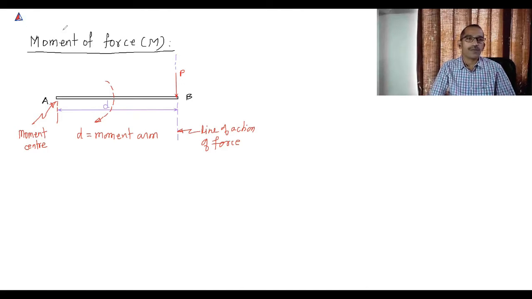Next, how do we get the magnitude of the moment of force? It is the product of the magnitude of force and the perpendicular distance between the line of action of force and the moment center.